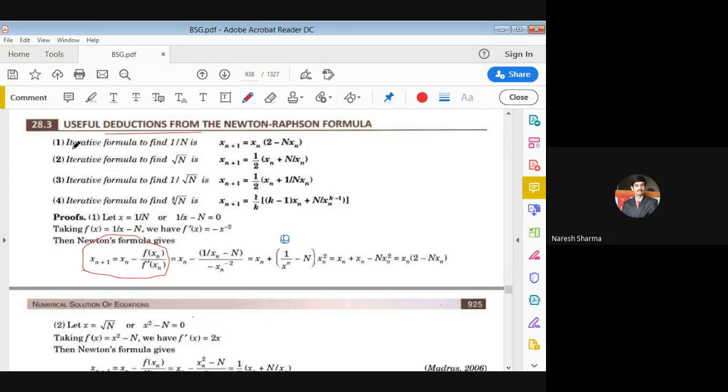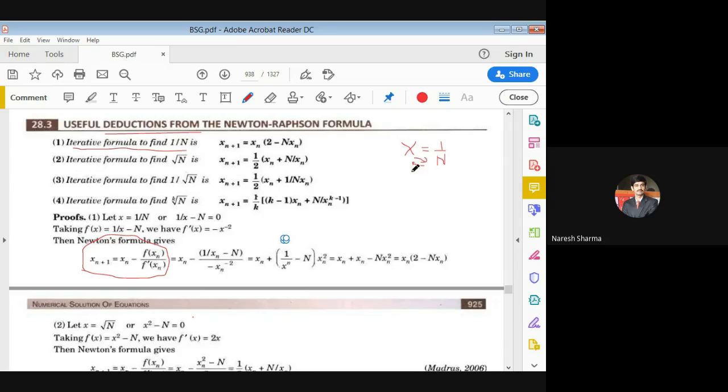First result says the iterative formula for 1 by x. So 1 by x means we are interested to find the value of 1 by n iteratively using the Newton-Raphson method. So first we reverse this, and it means we cross multiply, right?